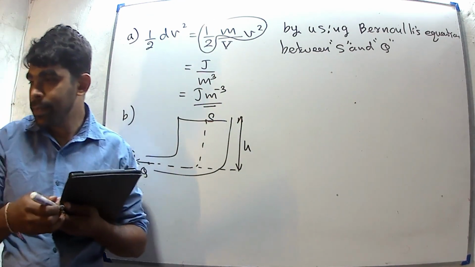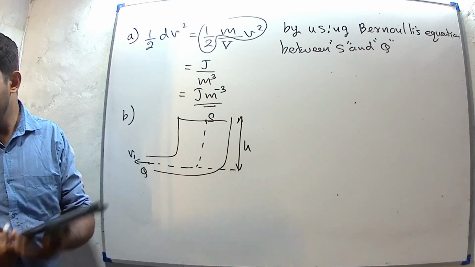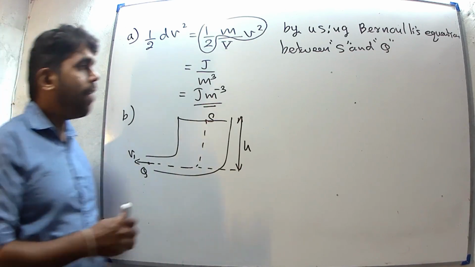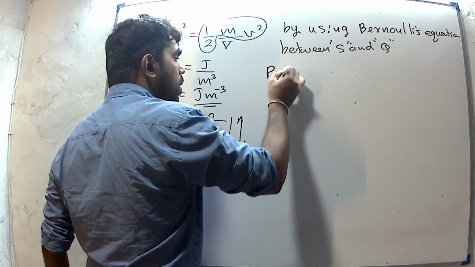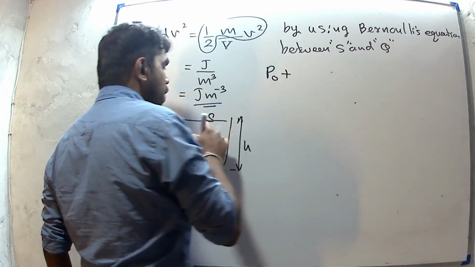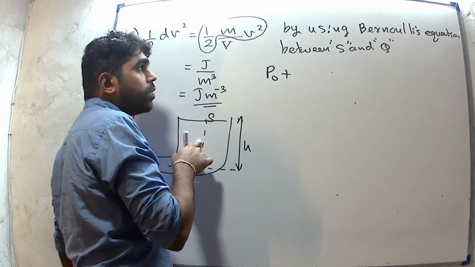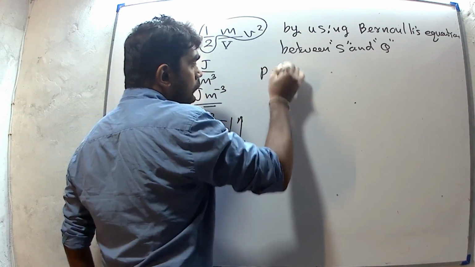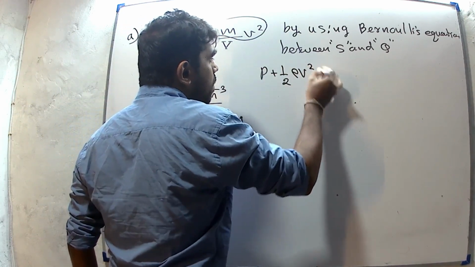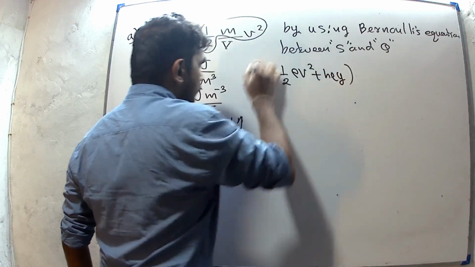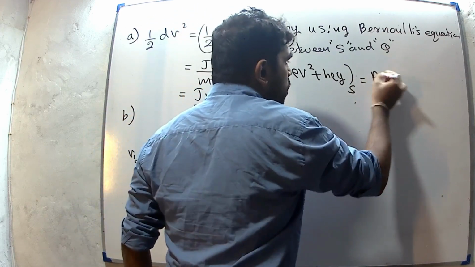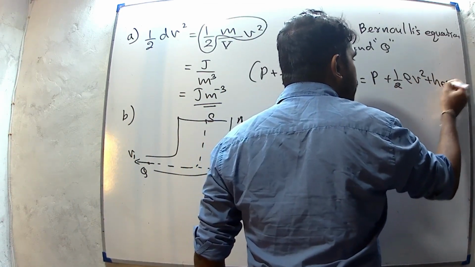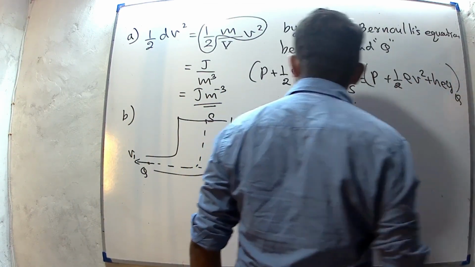We know that the pressure at this point is atmospheric pressure. I will consider P0 plus, velocity at this point is 0, therefore half rho v squared. We can write p plus half rho v squared plus h rho g at point S equals p plus half rho v squared plus h rho g at point Q.